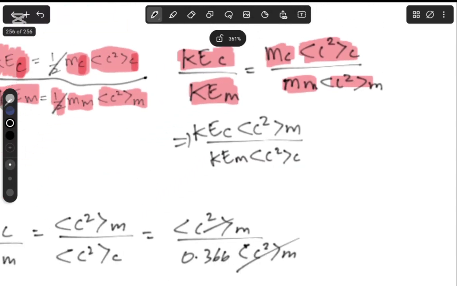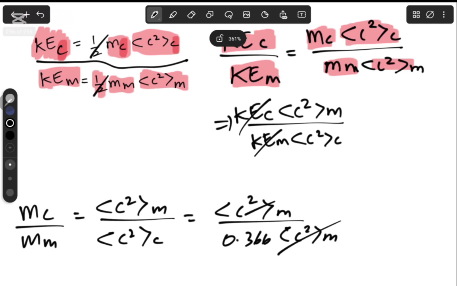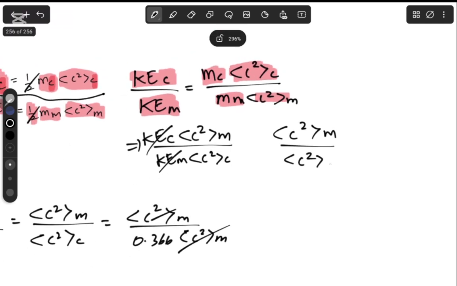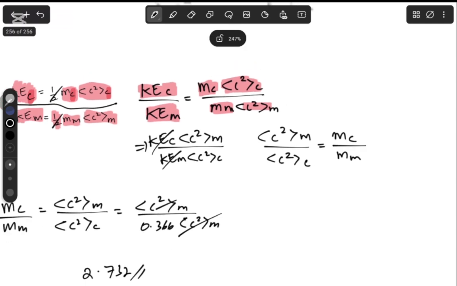So essentially what we're going to do is we're going to cancel these out. Okay, so we're going to get the mean square velocity of methane over the mean square velocity of carbon dioxide is equal to the mass of carbon dioxide divided by the mass of methane. Okay.